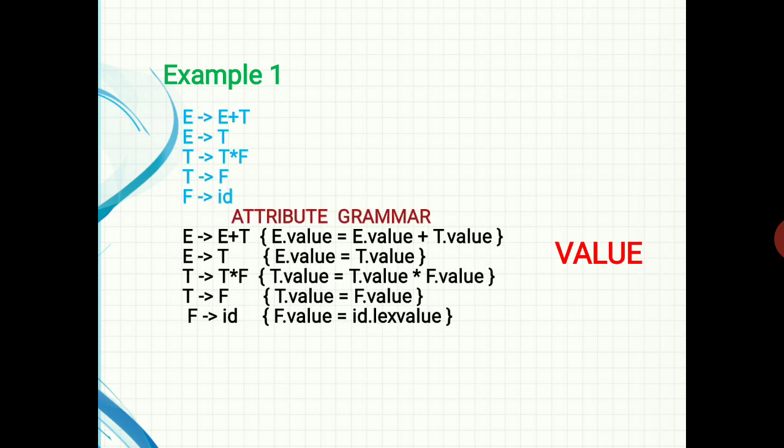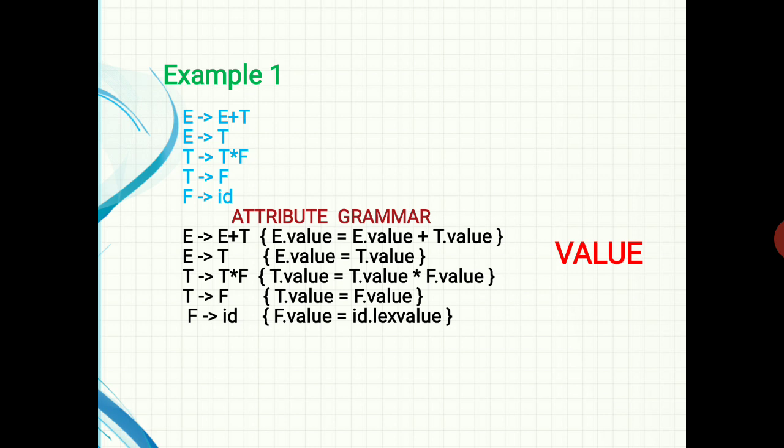Consider the grammar E produces E plus T. In this grammar, we are associating some augmented semantic rules with this production. That is, E dot value equals E dot value plus T dot value. You saw it in the previous session also.